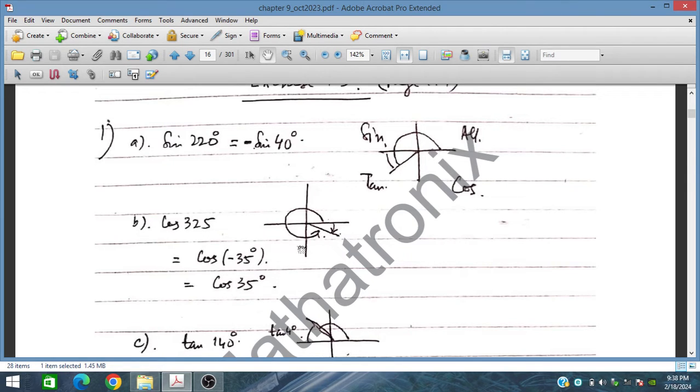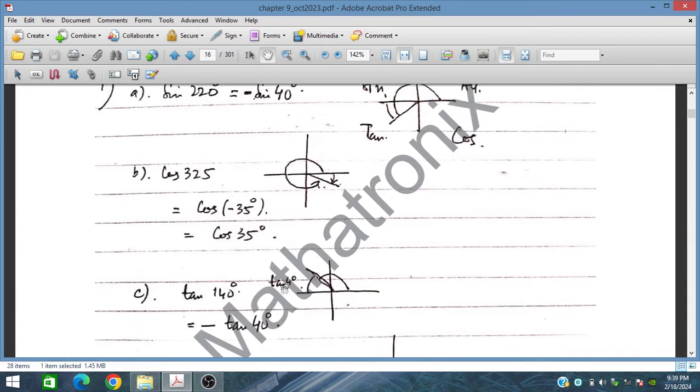This is 35 degrees, and we always measure with the x-axis. So this is 35 degrees, and this is clockwise. So this is minus 35, and in this quadrant 4, cos is positive. That's why cos minus 35 degrees is cos 35 degrees.